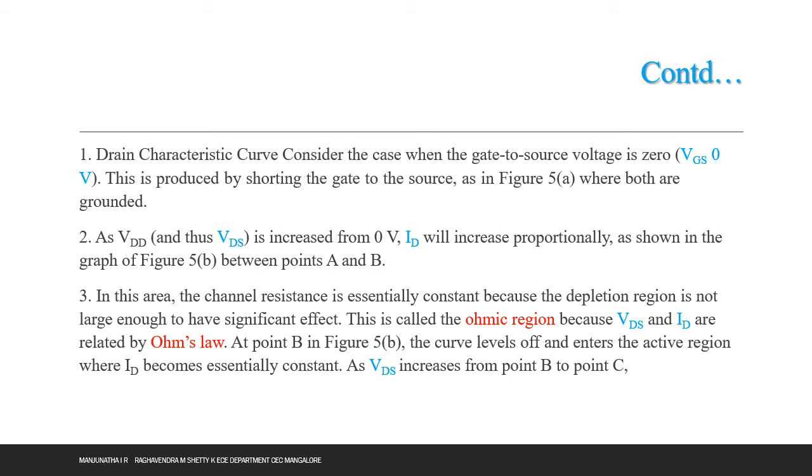As we have done the discussion on figure 5B, from point B to point C we can observe the saturation current: the drain to source current will be saturated, that is IDSS.